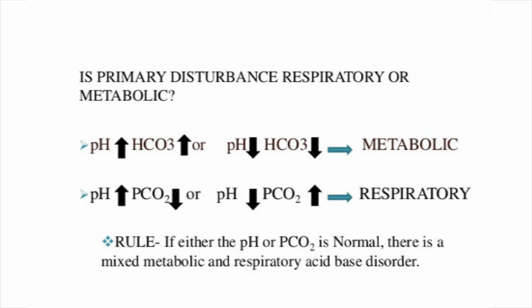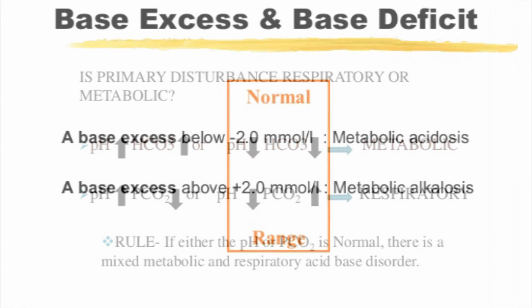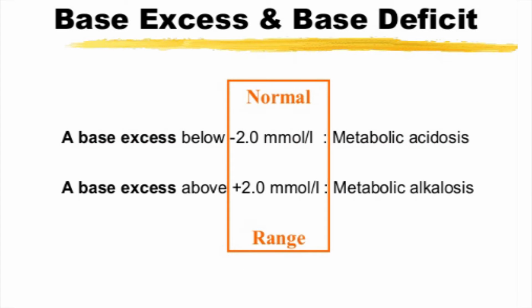To determine the cause of bicarbonate changes as the source of a pH problem versus compensation, the relationship to pH must be evaluated. Base excess or base deficit uses a calculation to reflect the presence or absence of buffers. The calculation reflects the tissue and renal tubular presence or absence of acid.